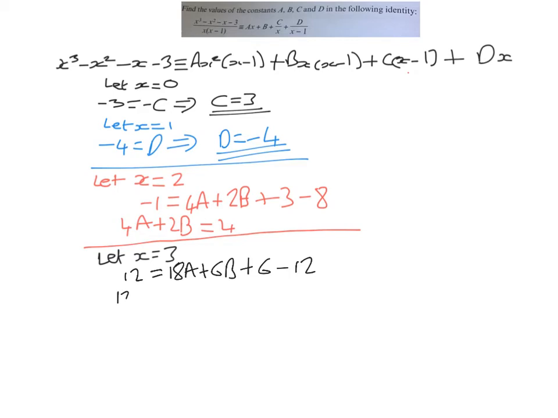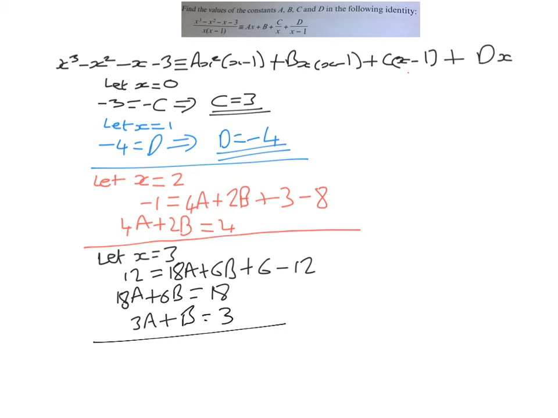I rearrange that to make 18A plus 6B equals 12 plus 12, 24, minus 6 is 18. It looks a lot like I can simplify it, so I divide through by 6. I get 3A plus B equals 3. So we've got a pair of simultaneous equations here.